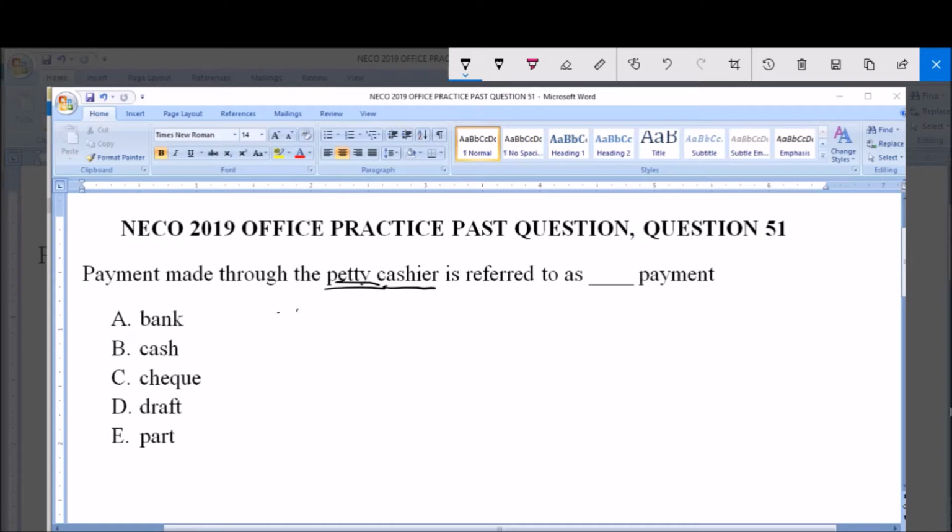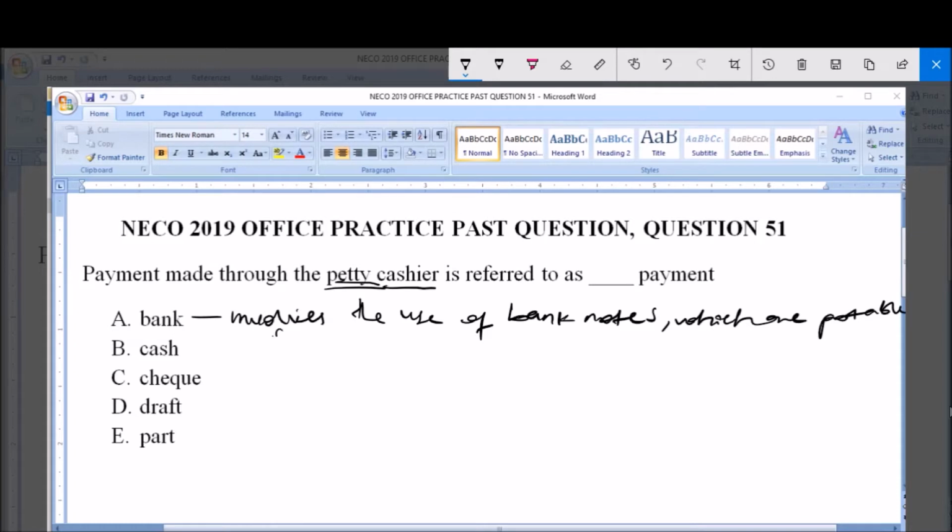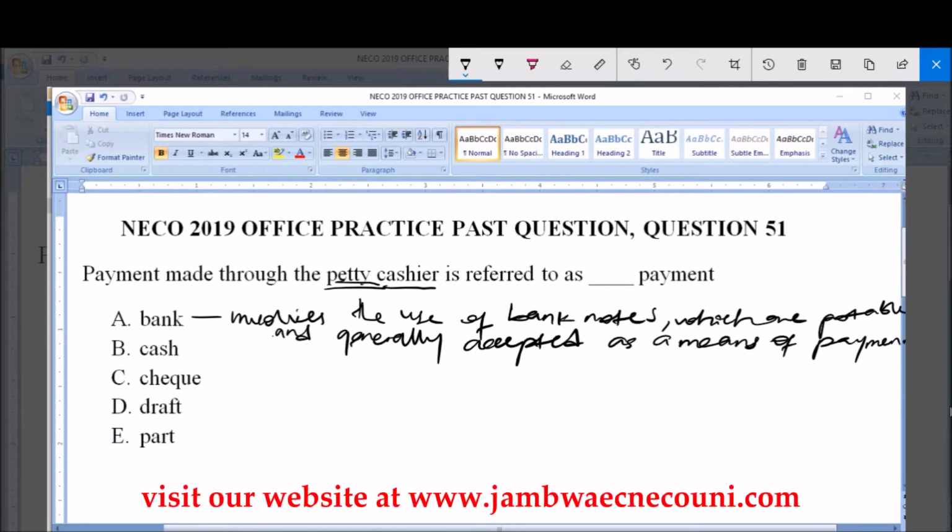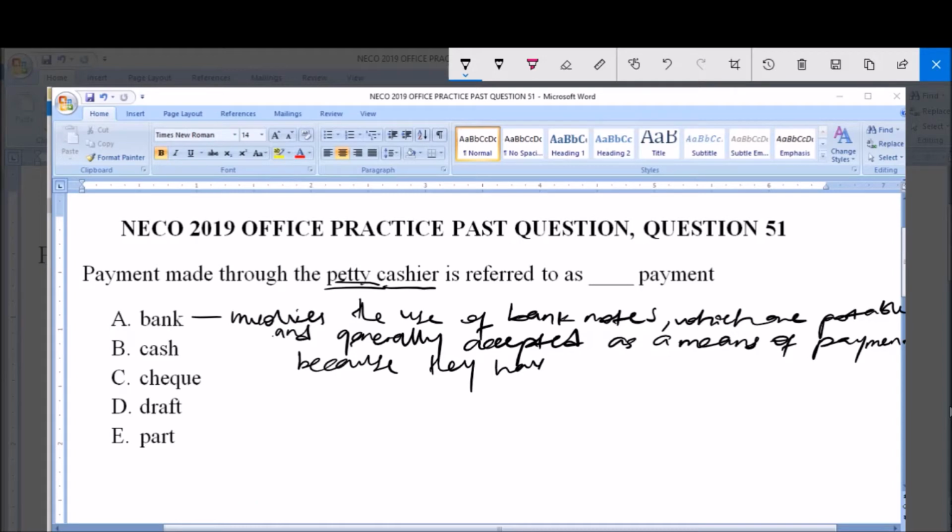Now A says bank payment. Now bank payment involves the use of banknotes, which are portable and generally accepted as a means of payment, because they have the same status of legal tender, which is money.